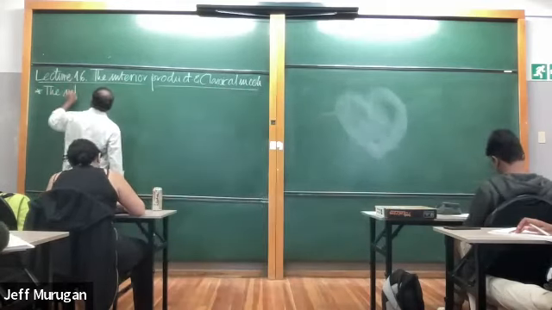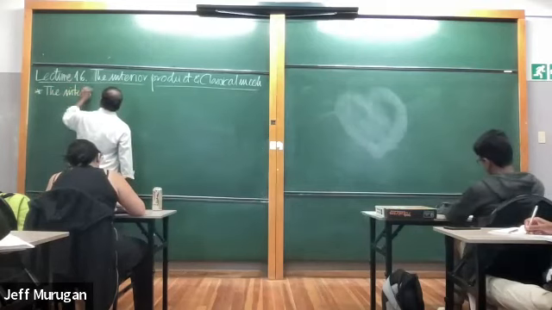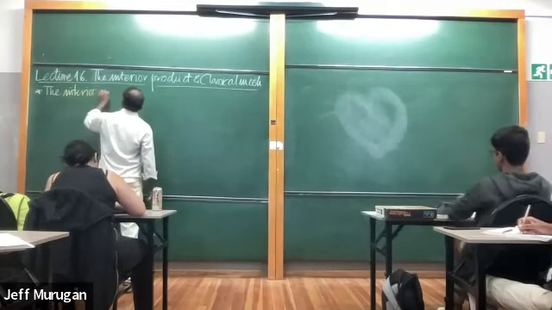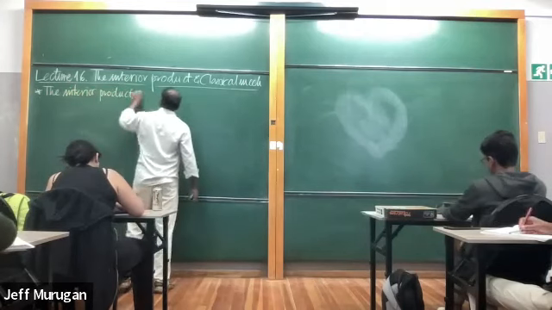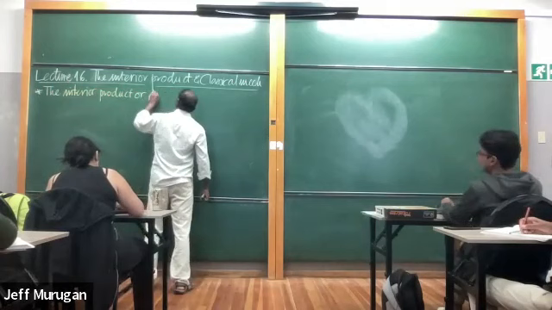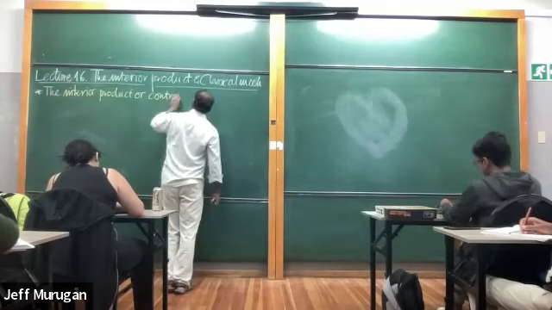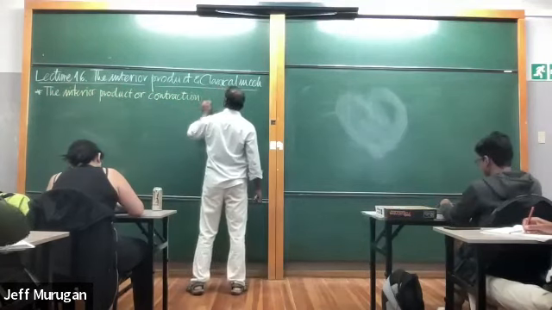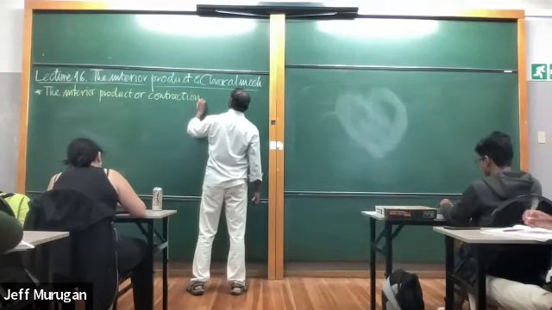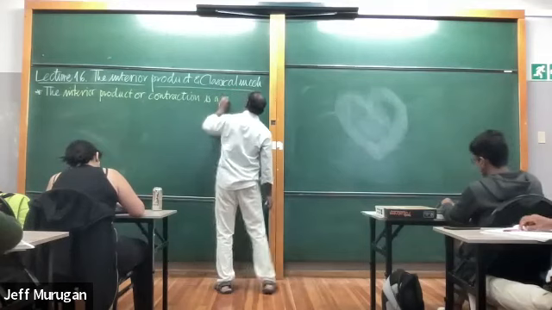The interior product, or contraction, is a map.